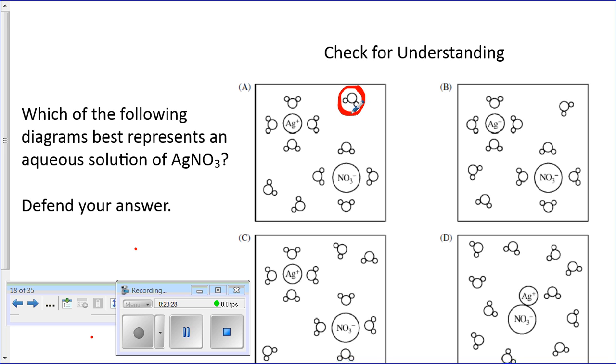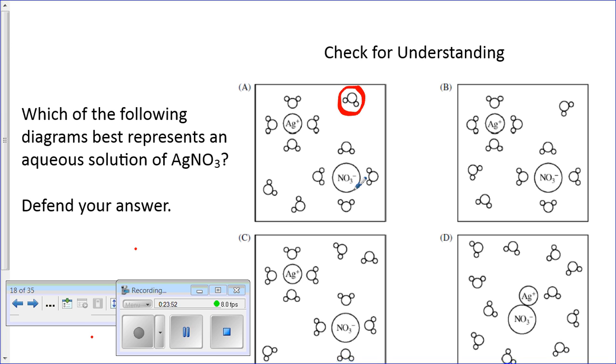So if you look at each picture, remember silver is a positive 1 ion and nitrate is a negative 1 ion. So you want to see how these are oriented so that unlike charges attract, so that the positive end of water is attracted to the negative ion, and the negative end of water is attracted to the positive ion.